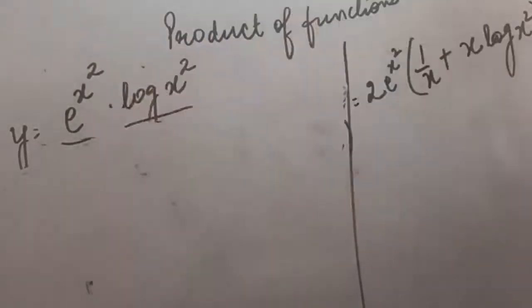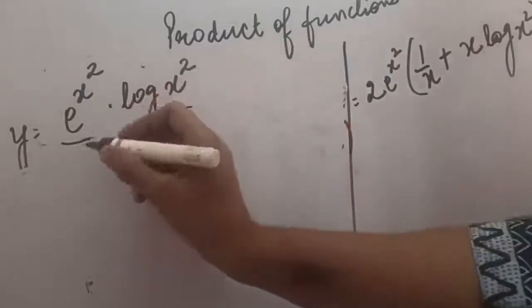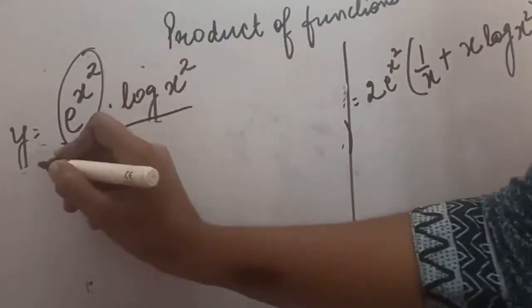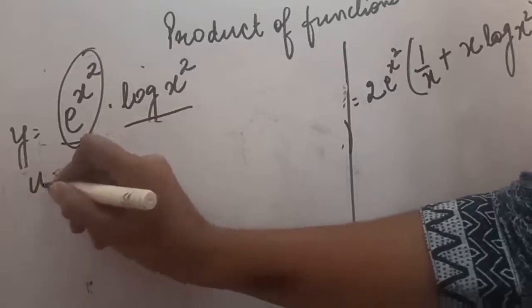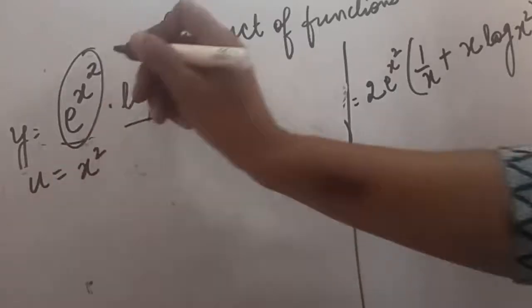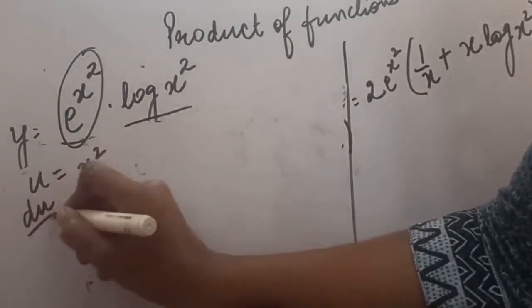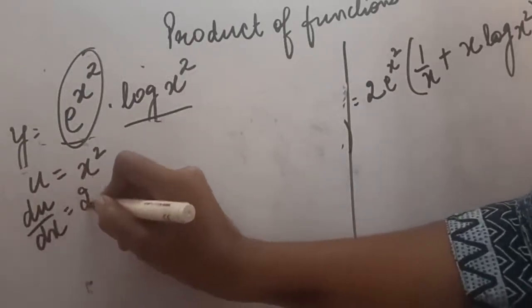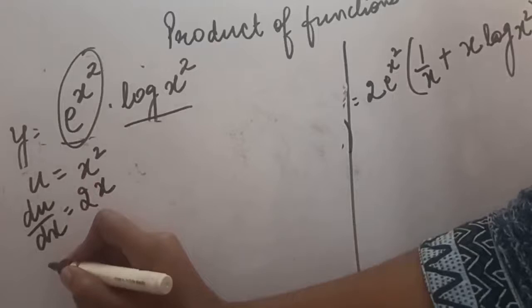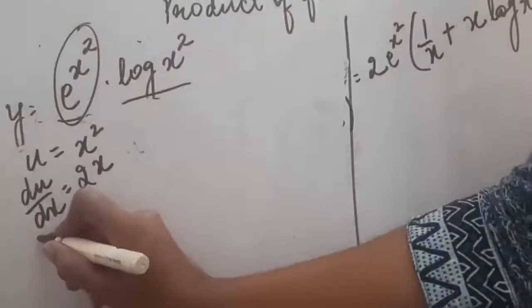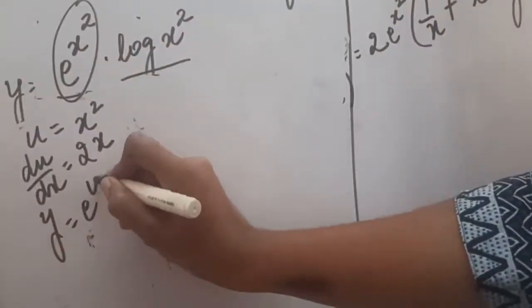So if we solve this e^(x²) portion with the help of the chain rule, we will take u to be x² because e's power x² is there. So from here the derivative du upon dx will be 2x, right? Now here we can say that y is equal to e^u.